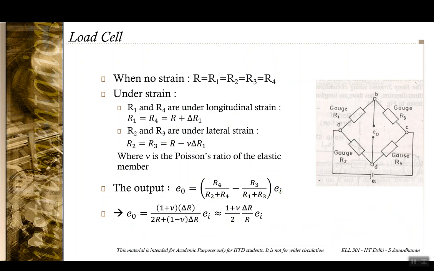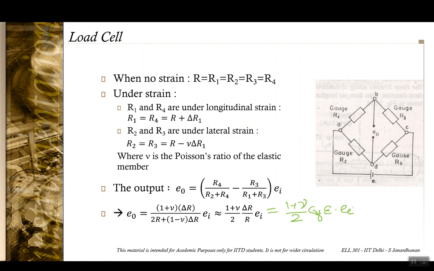So we can write this as (1 plus mu) by 2, but we are not really interested in determining epsilon; we are just trying to relate. So we can also write that as GF into epsilon into EI.